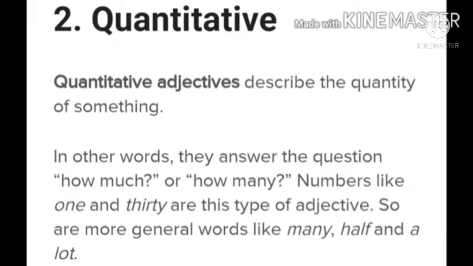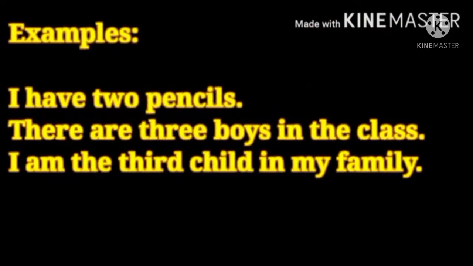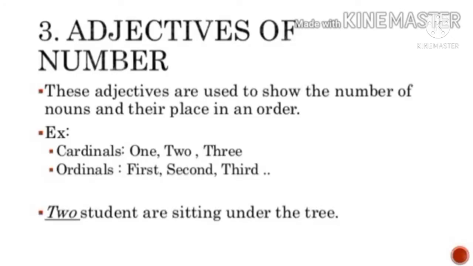Most commonly, whenever we are referring to numbers, like I have 2 pencils, there are 3 boys in the class, I am the 3rd child in my family. So these kinds of specific numbers or order of nouns.